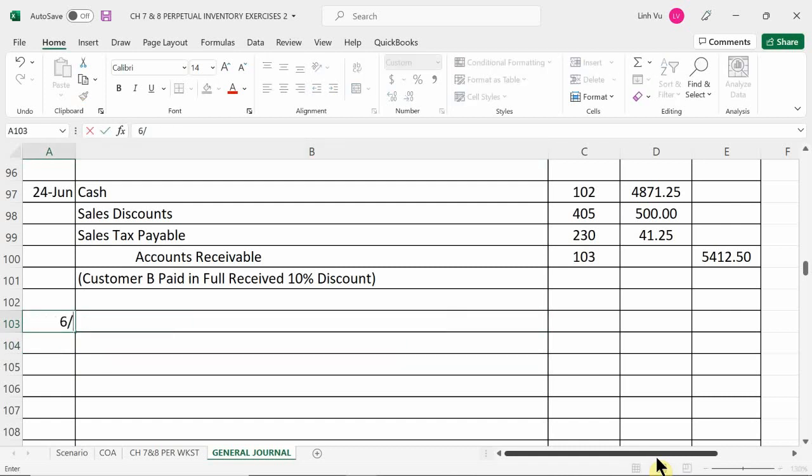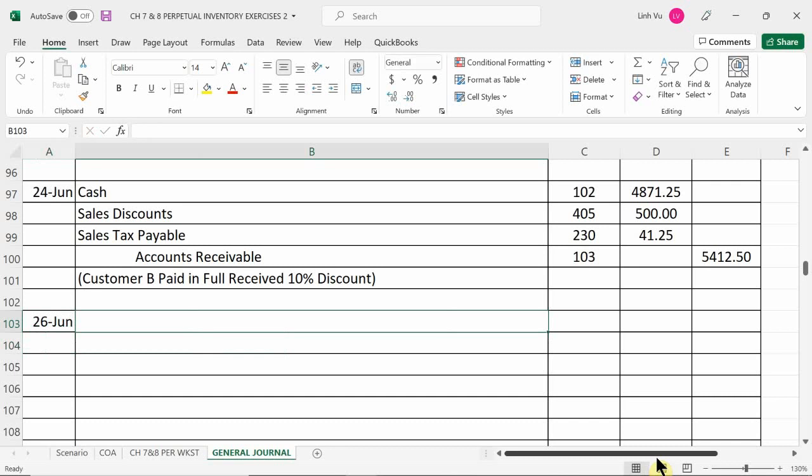And this is the 26th. Cash, sales discount, sales tax payable. Okay, so in this case, we are not charging sales tax ahead of time.